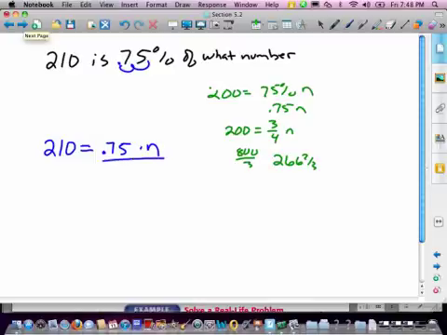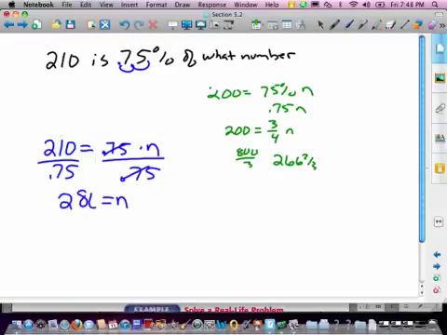Now if I divide both sides by 0.75, let's see, punch that into my handy dandy calculator, and I get 280. That's not bad. I had about 270-ish. So that's giving me a pretty close number. These are simply to make sure that they're close.